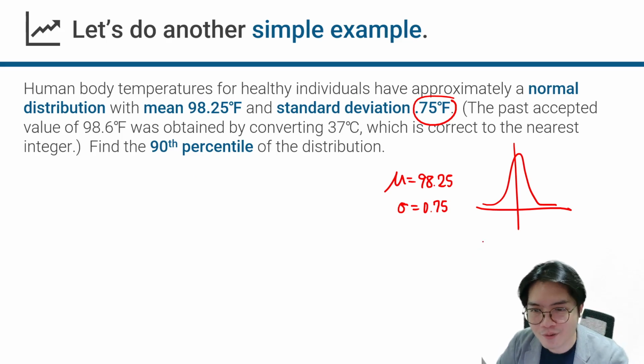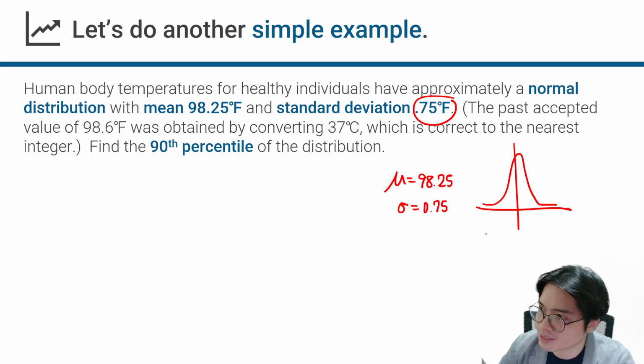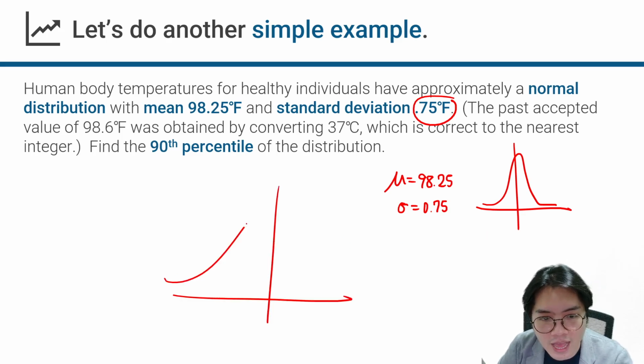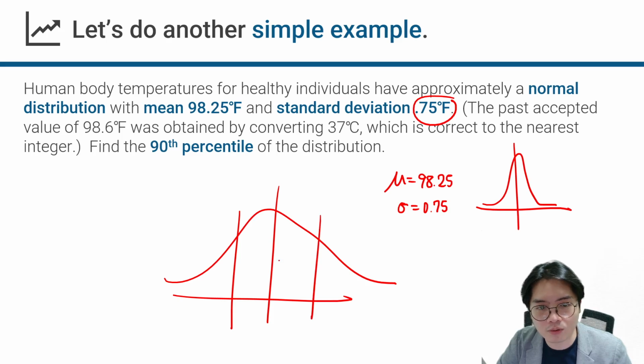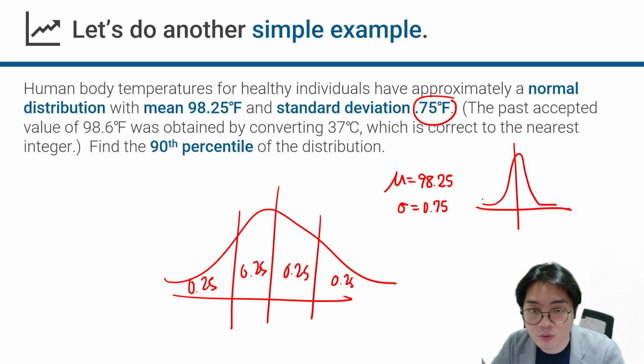If we remember back in Topic 1, a quartile is basically you are now chopping this up into 4 equal parts wherein this is 0.25, this is 0.25, this is 0.25, this is 0.25. We are basically doing that, but for percentiles.